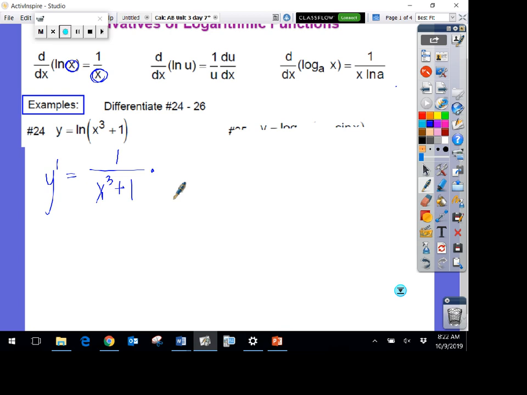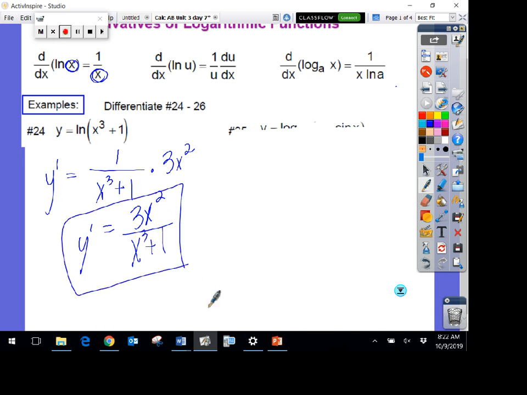So the derivative of the inside, the derivative of the outside, natural log of this something was 1 over x to the third plus 1, times the derivative of the inside, 3x squared. So we would just write that, 3x squared over x cubed plus 1. There is your answer. Okay, that's all you do.